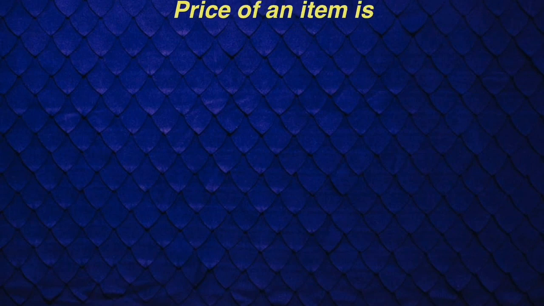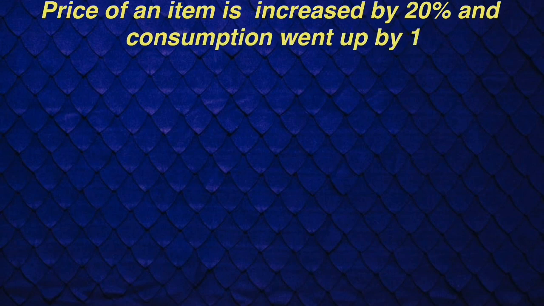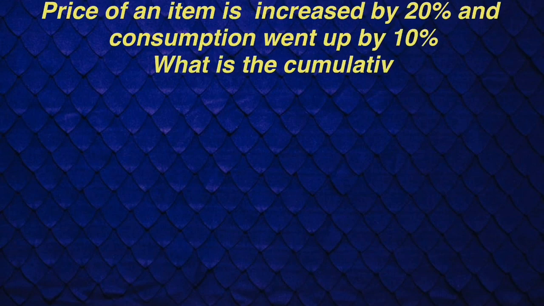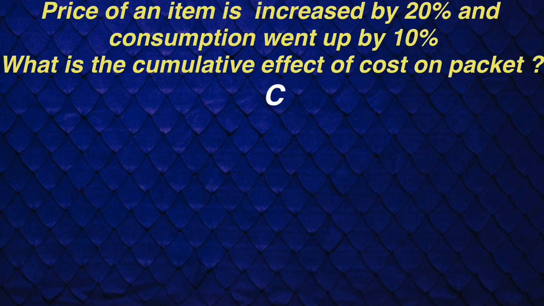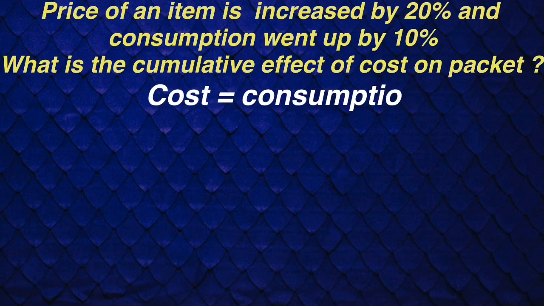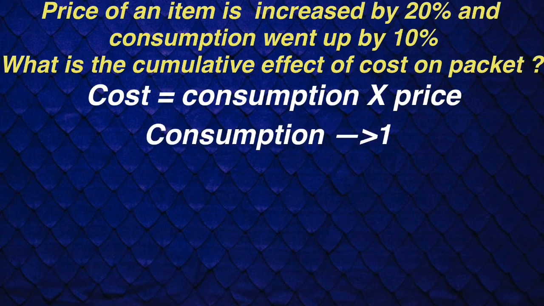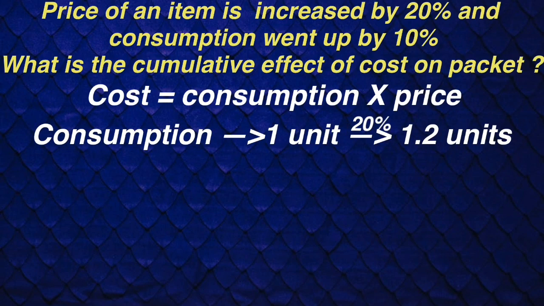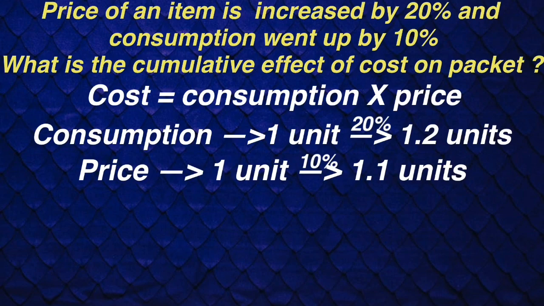The price of an item is increased by 20% and consumption went up by 10%. What is the cumulative effect on the cost of the packet? Cost is consumption into price. Consumption increased by 20% means 1 unit becomes 1.2 units. Price increased by 10% means 1 unit becomes 1.1 units.